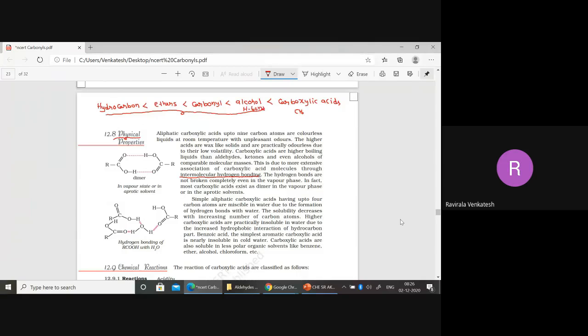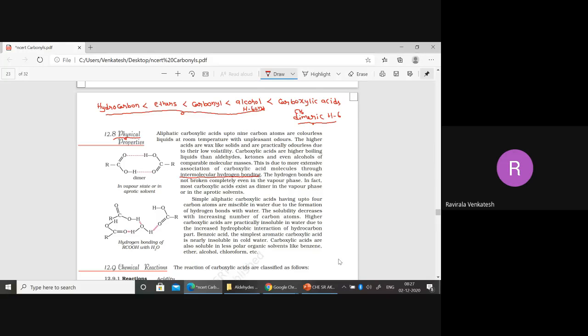In this case, you get dimeric hydrogen bonding, which makes a cyclic structure, so that it is stable. That is the reason for the boiling points. Okay, next.